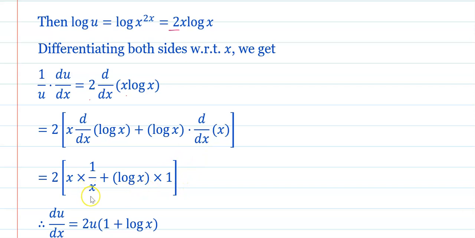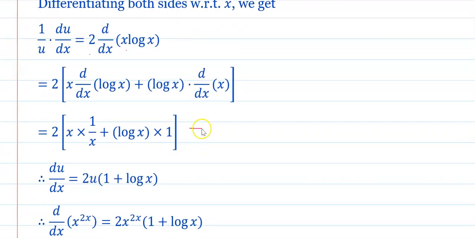Here x got cancelled. That is 2 in bracket 1 plus log x, the bracket is completed. Here is 1 upon u into du by dx. Again u will come here multiplied, and that is du by dx is equals to 2u in bracket 1 plus log x.